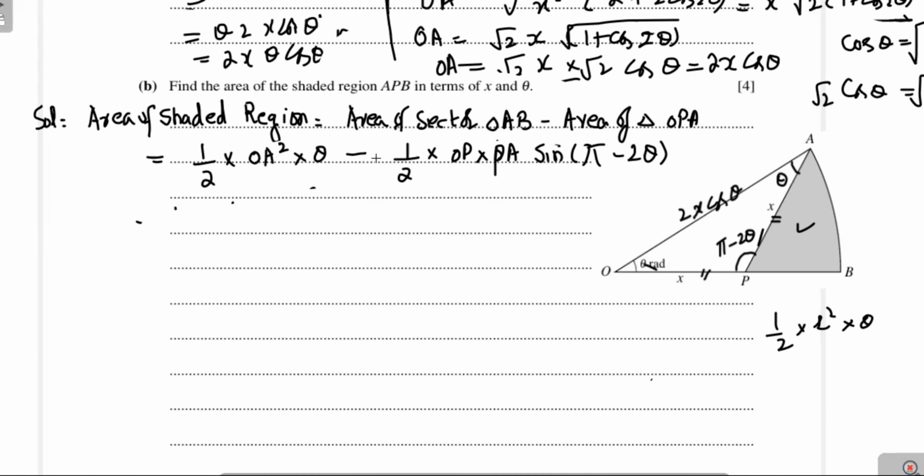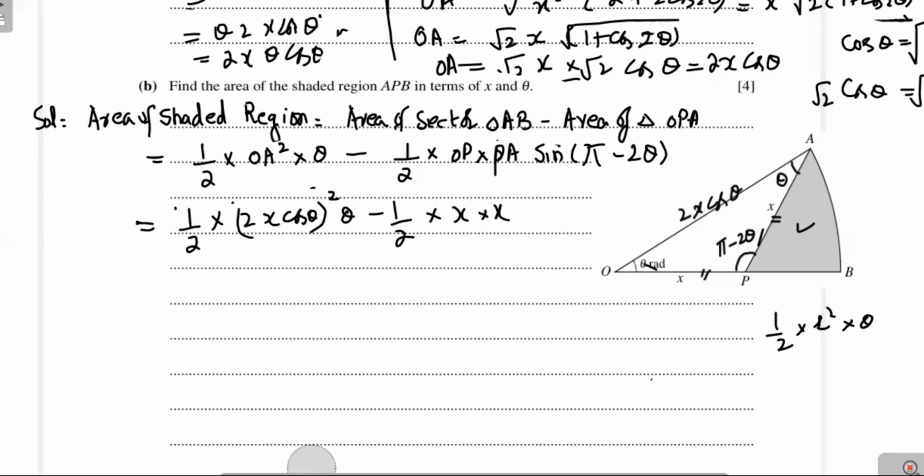We write OA squared into theta, and the area of the triangle will be equal to 1 over 2 OP into PA sine pi minus 2 theta. Now 1 over 2 times OA, which is 2x cos theta, whole squared, into theta, minus 1 over 2 times OP which is x, PA which is also x, multiplied by sine pi minus 2 theta.